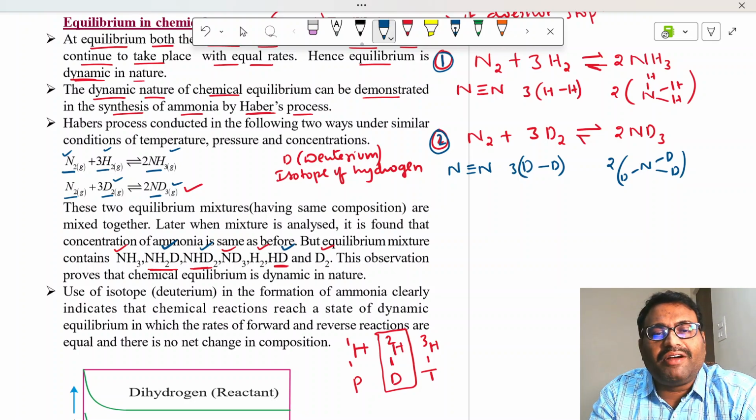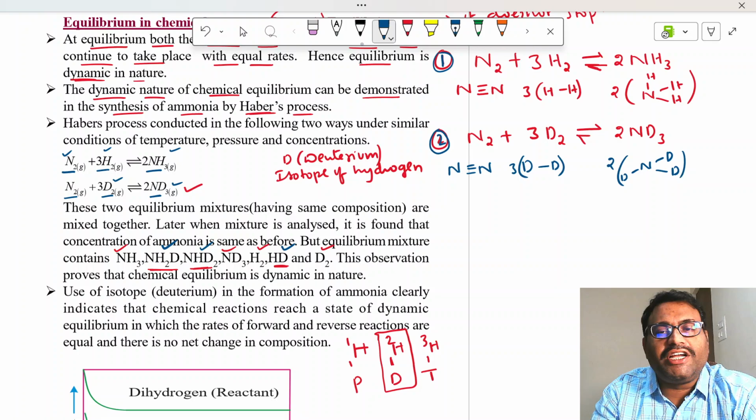From this, they observed that at the equilibrium position the reaction does not stop. Both forward reaction and backward reaction continue to take place.